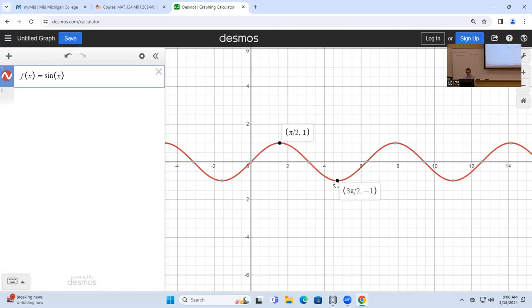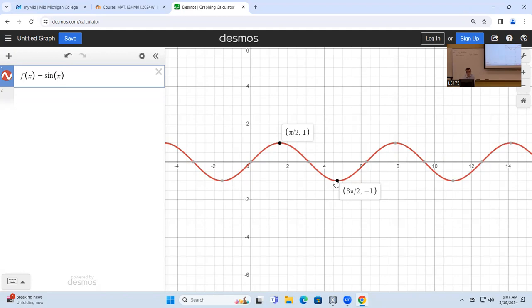All right. And you can kind of see the idea here. One way to think about it is think about going around the unit circle. As you go around the unit circle, your y value on the unit circle goes up to 1 and down to -1.